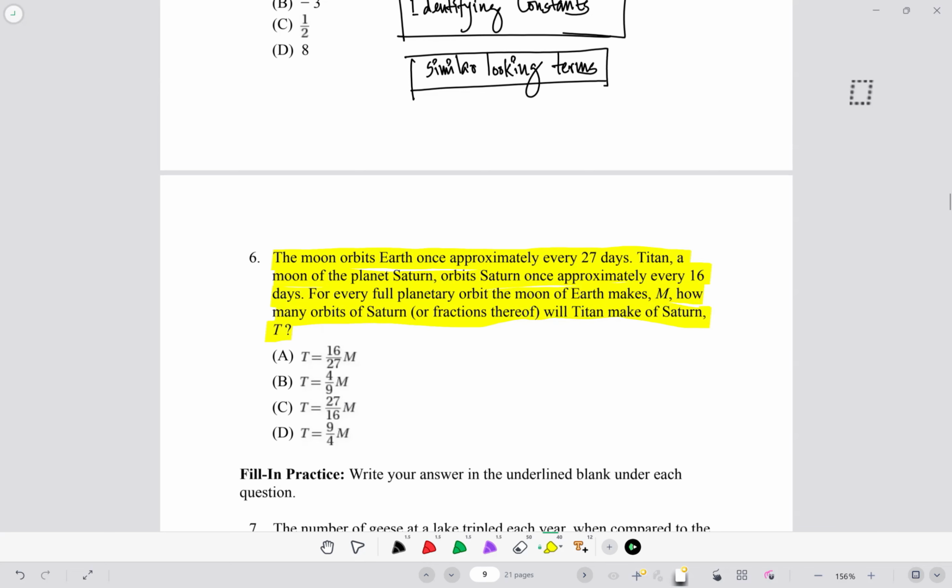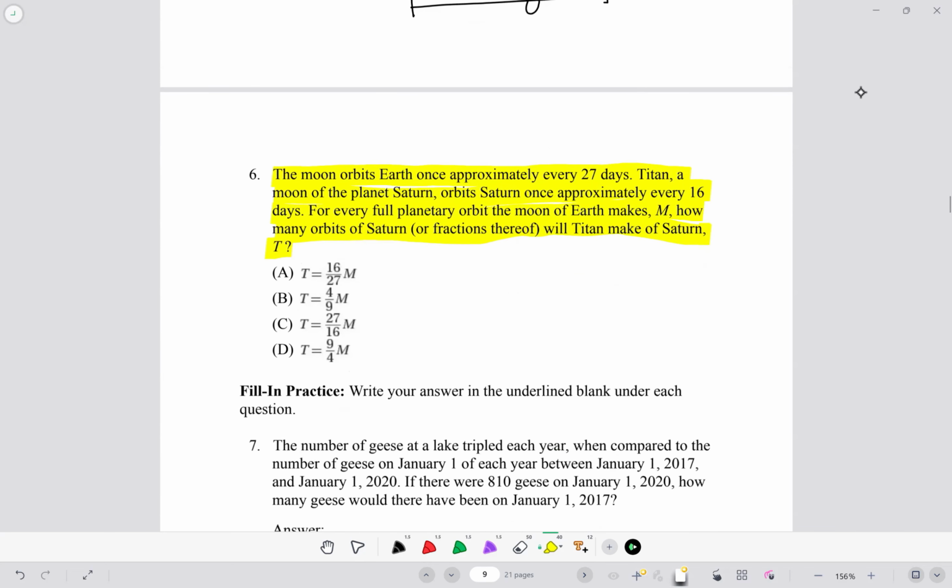It's a nice problem. The moon orbits Earth once approximately every 27 days. Titan, a moon of the planet Saturn, orbits Saturn once approximately every 16 days.